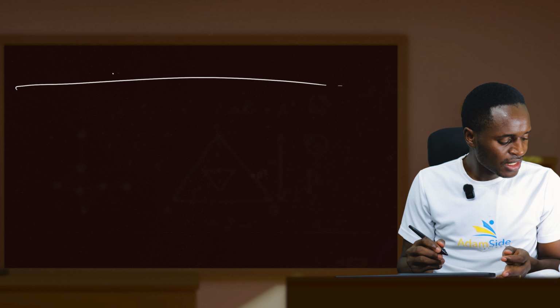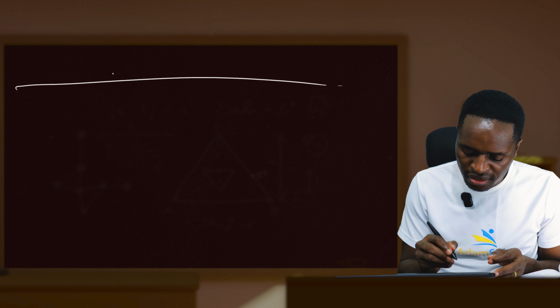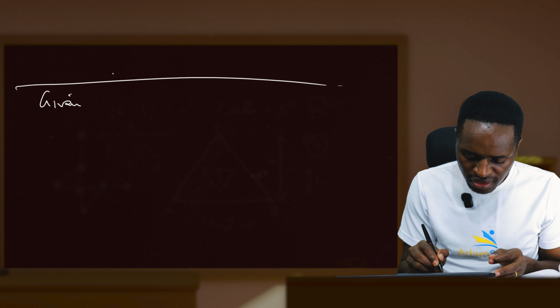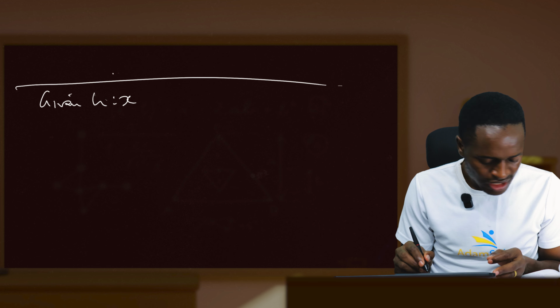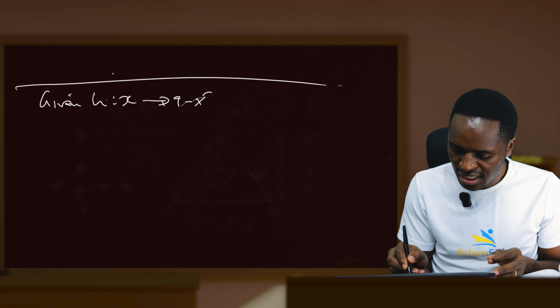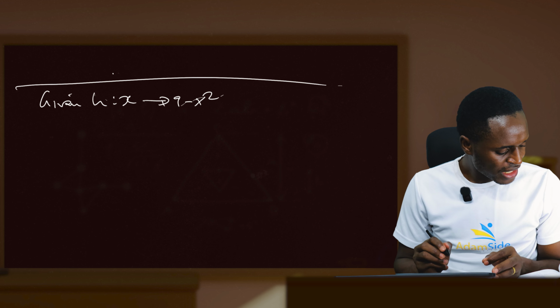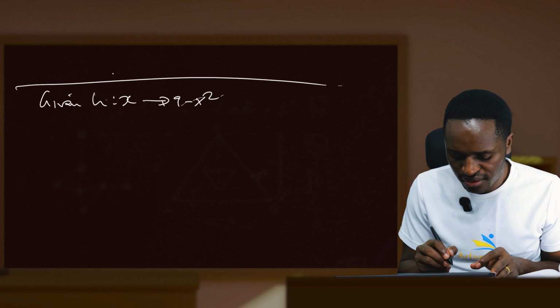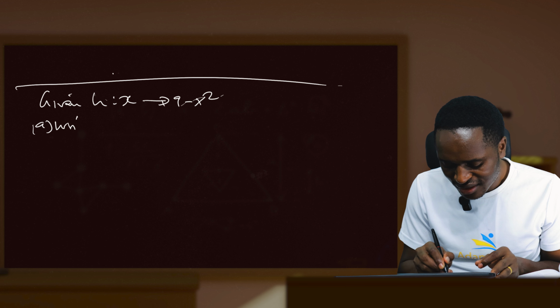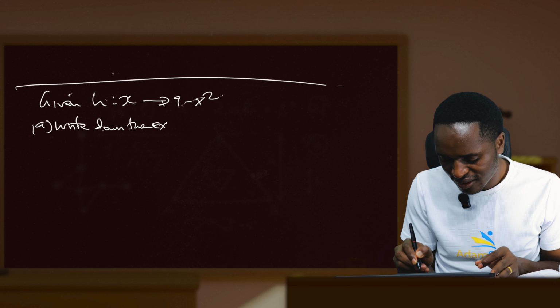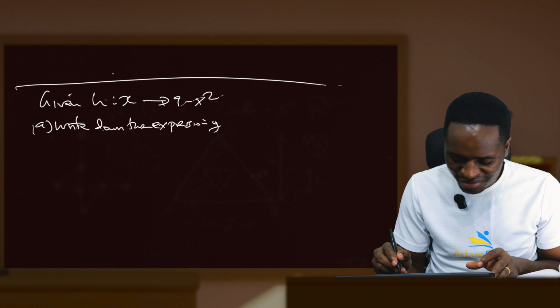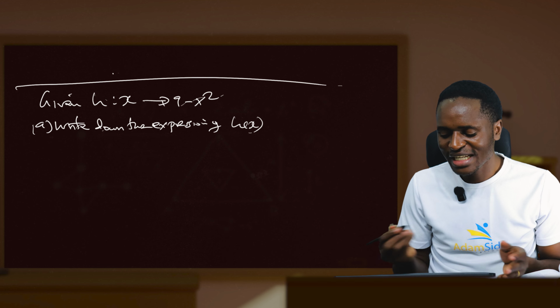You say, given that h is a function so that x is being mapped into 9 minus x squared, then write down the expression of h of x. So this is simple. I was told to write down the expression.